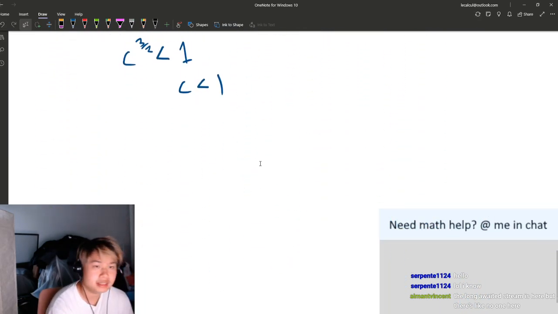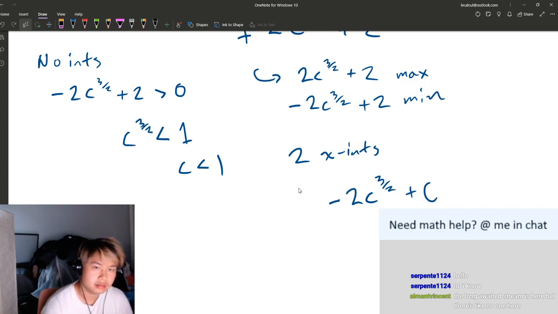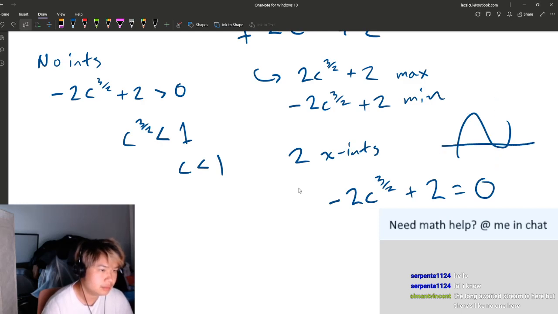Likewise, if you want two x-intercepts, then that means that your minimum value, which they told you is this, needs to be 0, so that your minimum value is the second x-intercept, because you know that it kind of bounces away.